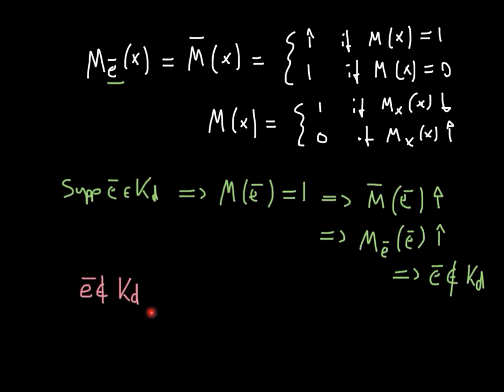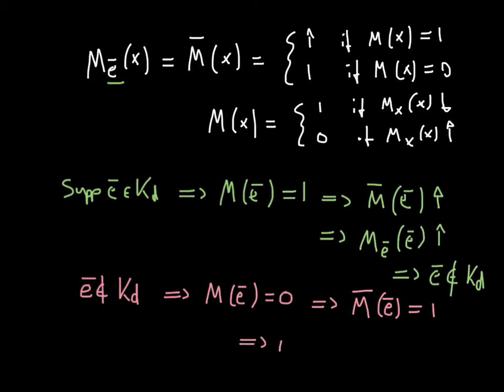But this implies now, if E bar is not in KD, this means that m of E bar is 0, right? Again, m is the machine that we assume decides the diagonal halting problem. So that's 0. But if m of E bar is 0, then m bar of E bar is 1. So this means that m bar of E bar is 1. In particular, it halts, right?